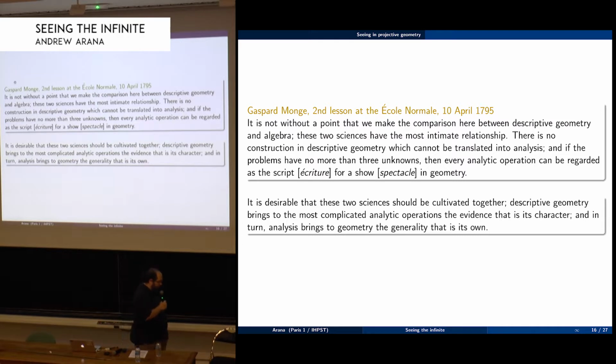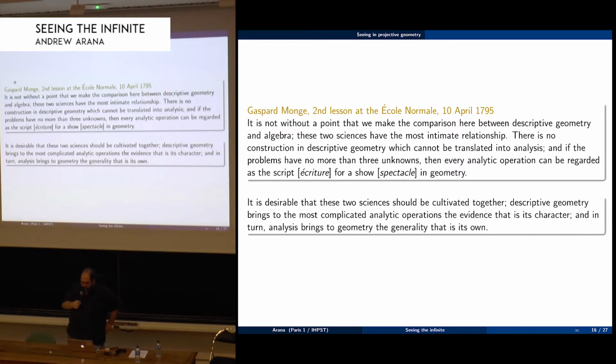But Monge also, I think, has a further point, maybe somewhat less pragmatic in form. He says that it is not without a point that we make here the comparison between descriptive geometry, that's his word for what we would call projective geometry, and algebra. He says these two sciences have the most intimate relationship.